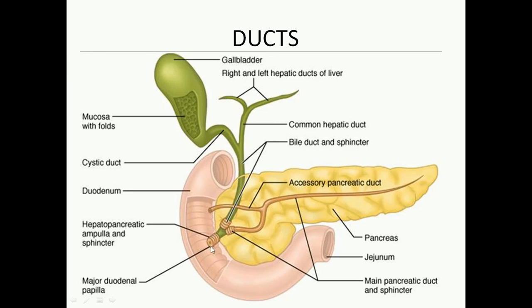The major duodenal papilla has the common bile duct as well as the pancreatic duct opening into it, while the minor duodenal papilla is the opening for the accessory pancreatic duct, which brings the secretions of the pancreas to the second part of the duodenum for digestion. So this is the second part of the duodenum.